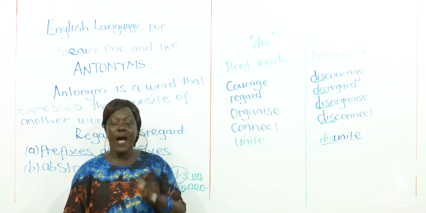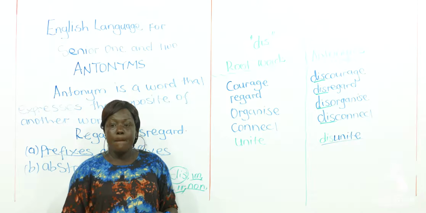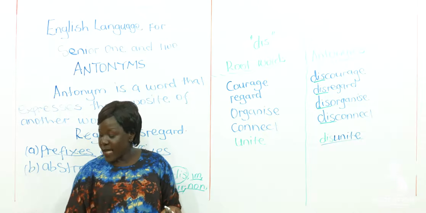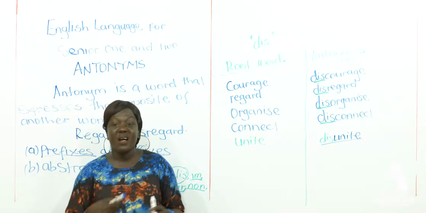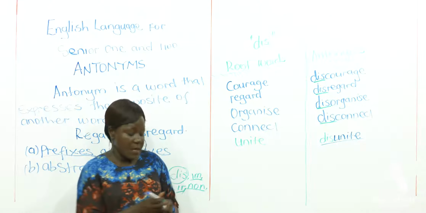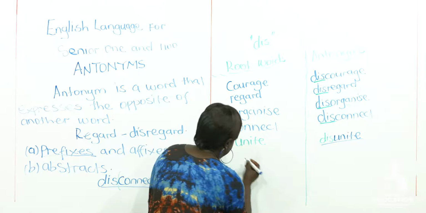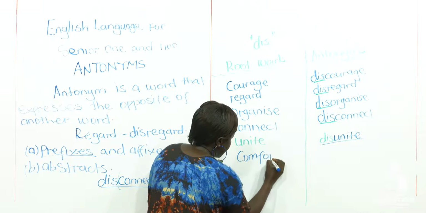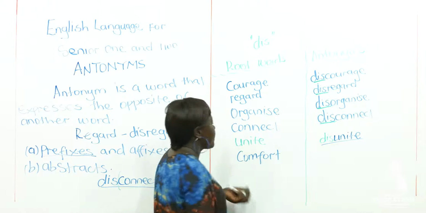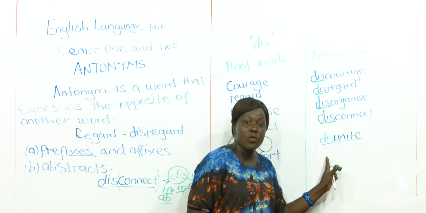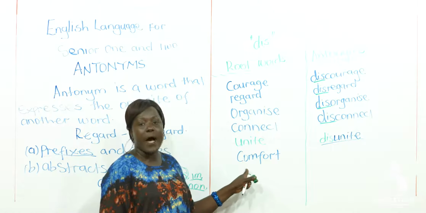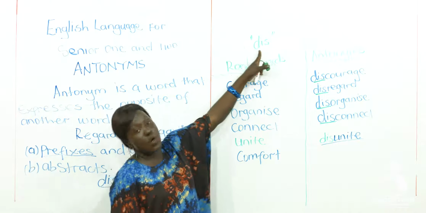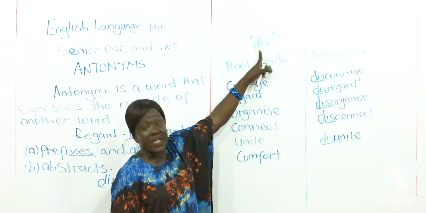You can even look at the word comfort. If you write this word here, comfort. If you want to get the opposite of this word, you will just use the prefix this at the beginning.